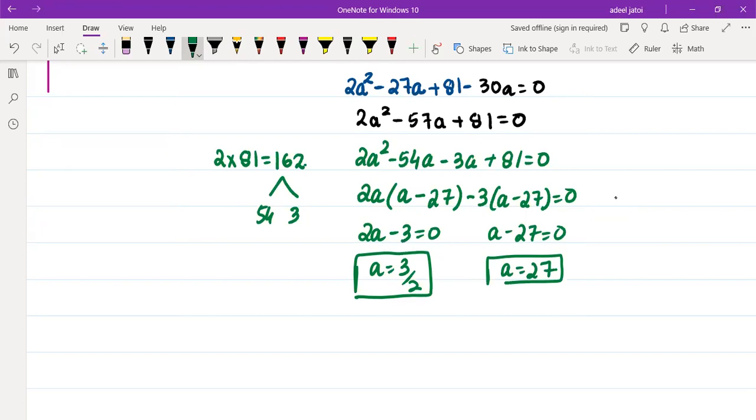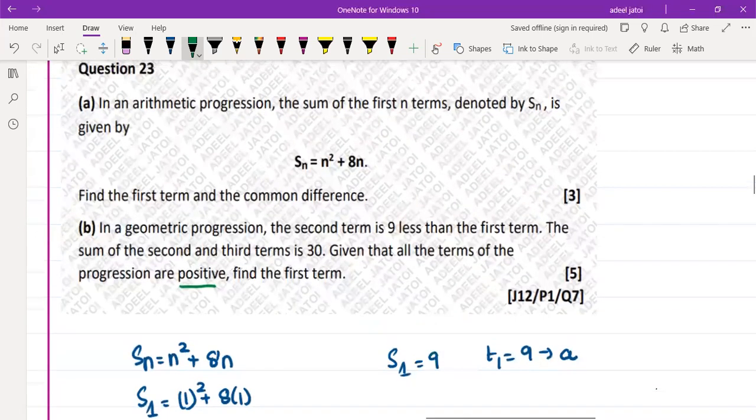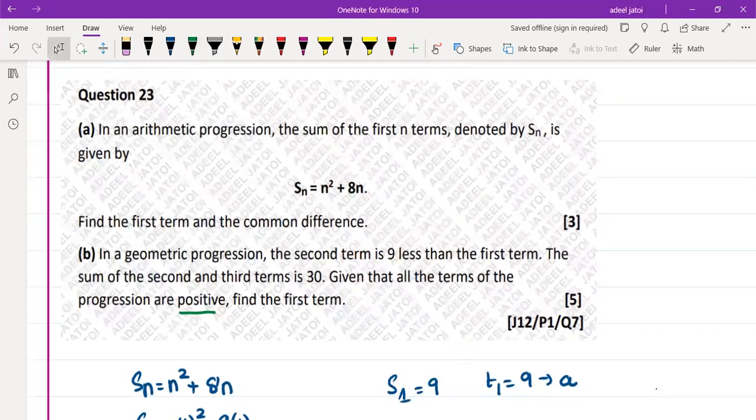So if we subtract 9 from 3 upon 2, the second term will be negative. But if we subtract 9 from 27, then the answer will still remain positive. So A will become 27. This was a question from June 2012, paper 1, question number 7.